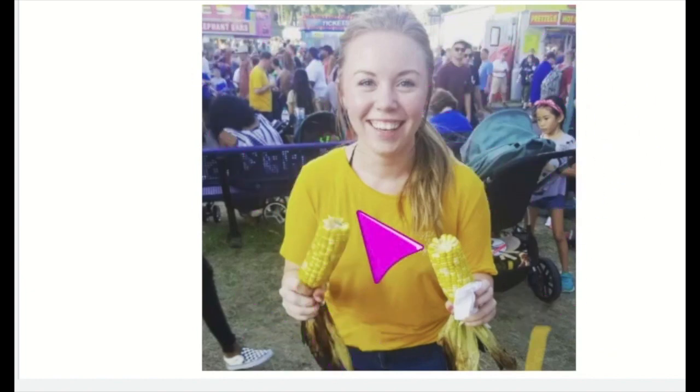And what am I eating? Corn. So I already know in my brain that there's always a state fair with lots of people. And if I look at this picture, I see the clues. There's lots of people and I'm eating yummy state fair corn. Hopefully we can have the fair again this year. I missed it last year.